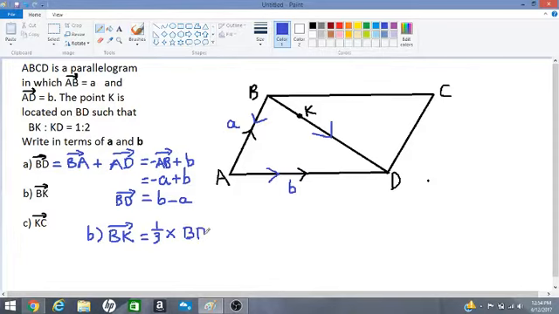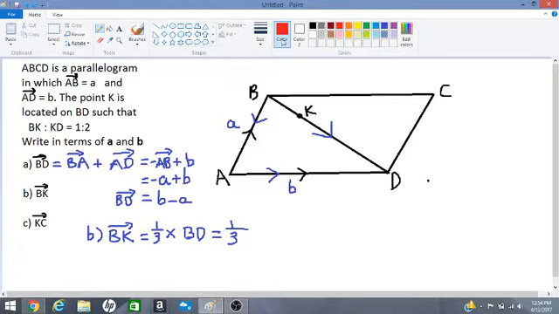Remember we are using the ratio, and we are saying BK represents 1 part out of 3 equal parts, which is 1/3 of the whole. So BD was already worked out. This is what we worked out for BD here, and we're going to use it now.